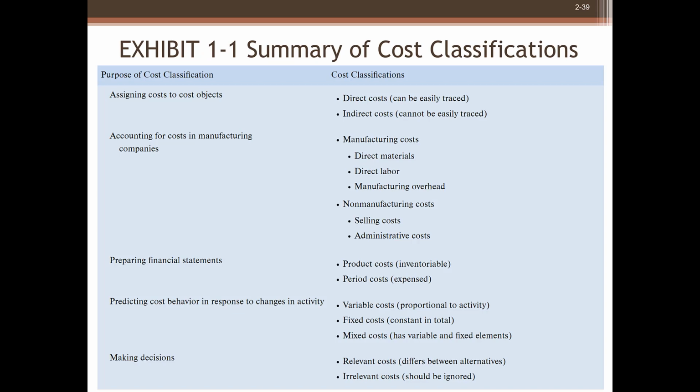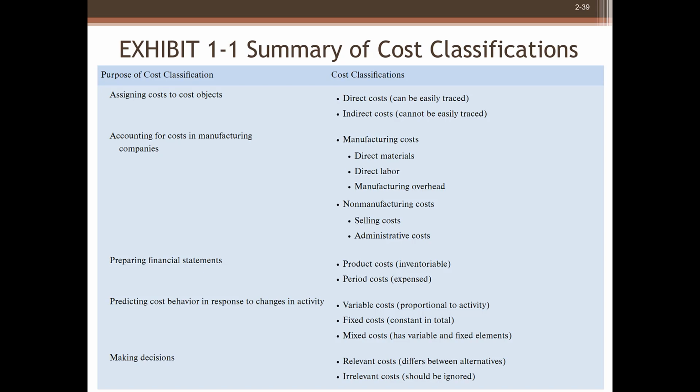In summary, for different purposes, we can classify costs into different classifications. For the purpose of assigning costs to cost objects, we can classify costs into direct costs and indirect costs.